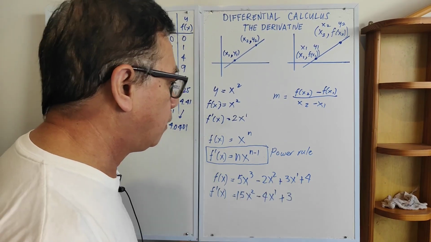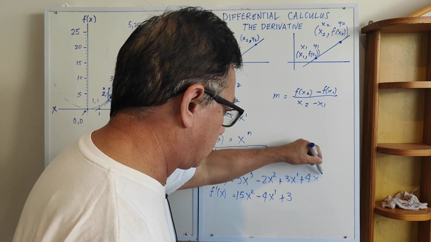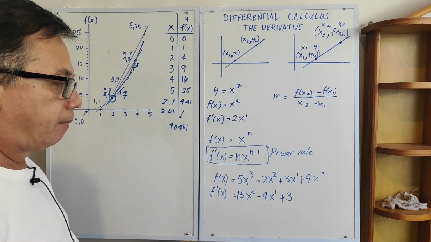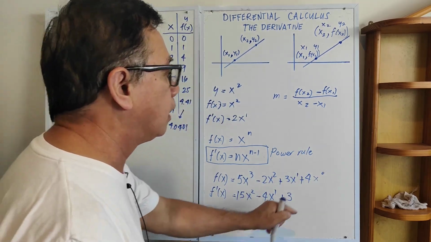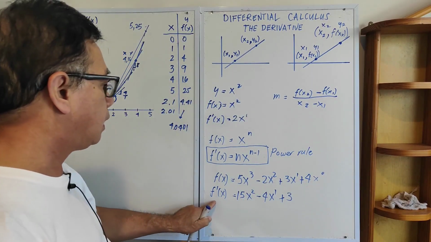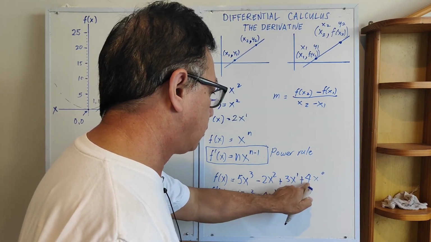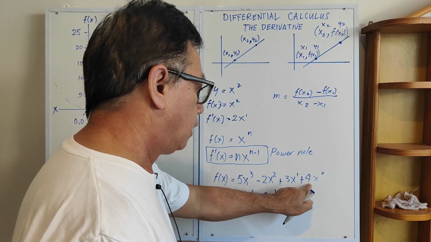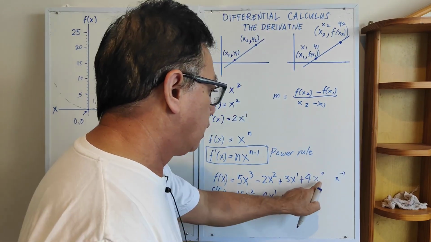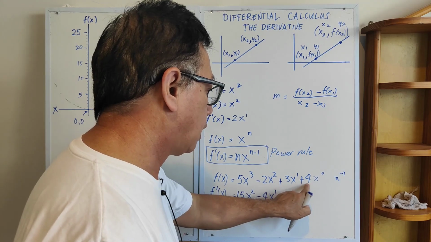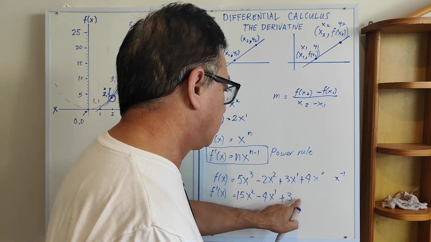Now what about 4? Actually, 4 has an x to the 0 power, but we don't write it because x to the 0 power is 1. But if you do the derivative, 0 goes to the front, 0 times 4, and the x will become x to the negative 1, but since 0 times 4 times x to the negative 1 is still 0, we don't need to write it anymore.